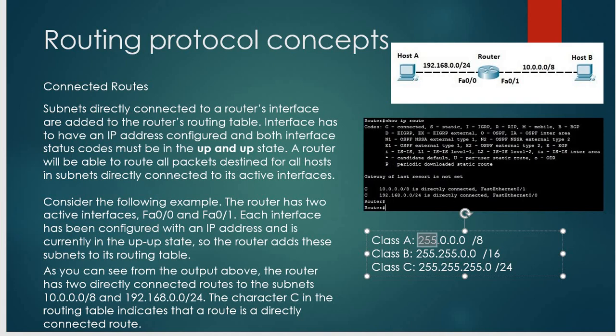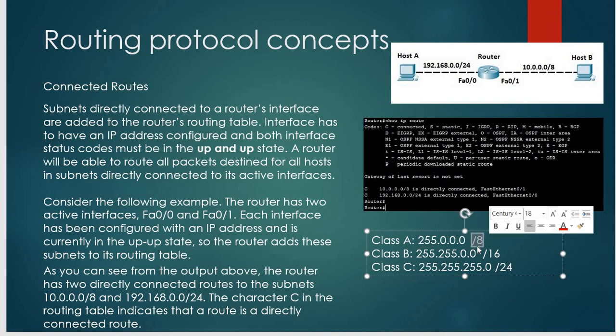Each and every octet has 8 bits of information in binary format. The first octet has the number 255, a full 8 bits.